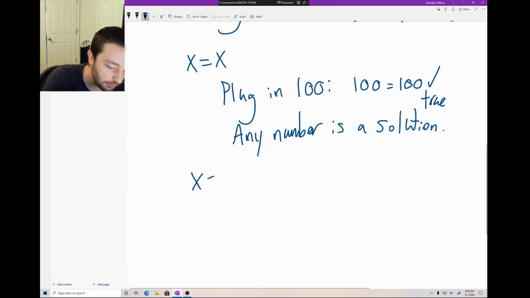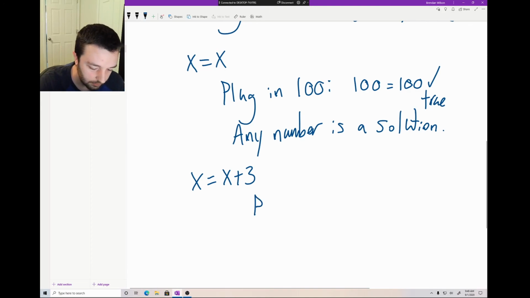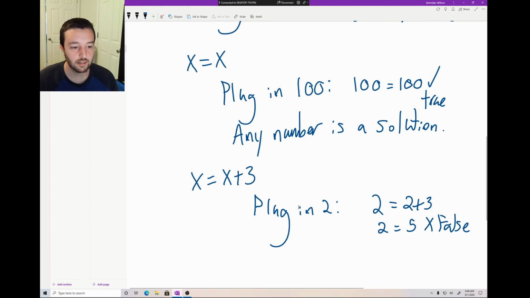What if we have x equals x plus 3? Well, now what, right? If I plug in any number, let's just say 2 again, on the left side, I'm going to have that number. On the right side, I'm going to have that number plus 3. So 2 equals 5, right? And that's false. That's going to happen no matter what, because any number I plug in on the left side, on the right side, I'm adding 3 to it.